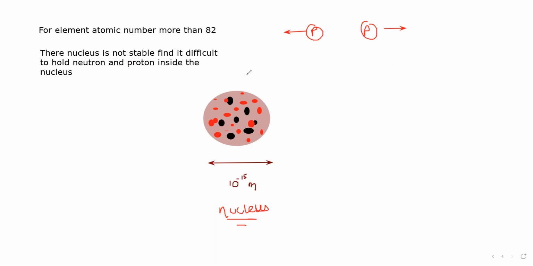So neutron and proton find it difficult, like the nucleus finds it difficult to hold these particles inside the nucleus, and the nucleus becomes unstable. Unstable means it finds it difficult to hold this. So how can the nucleus be stable?